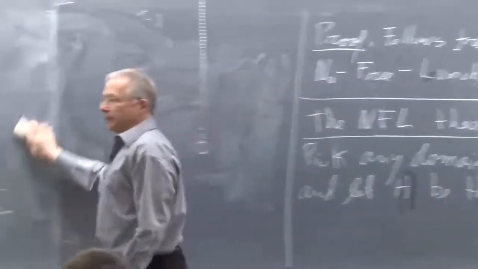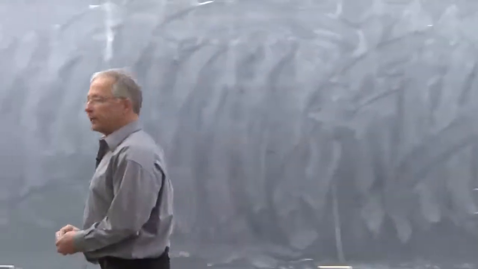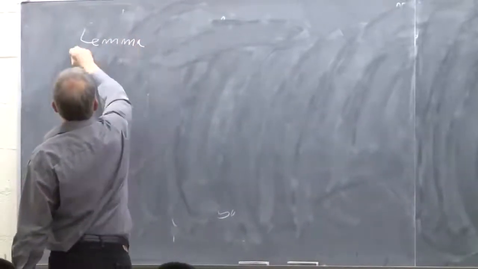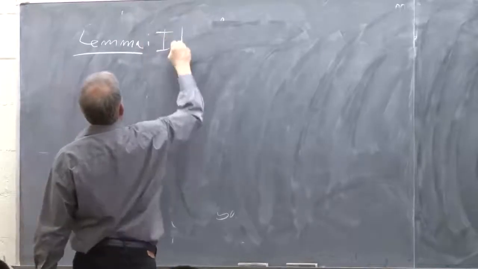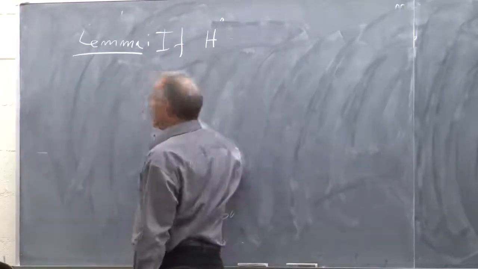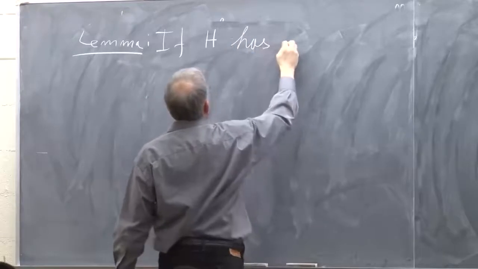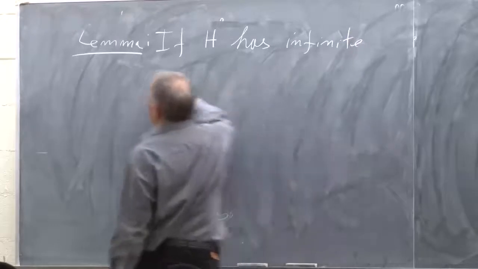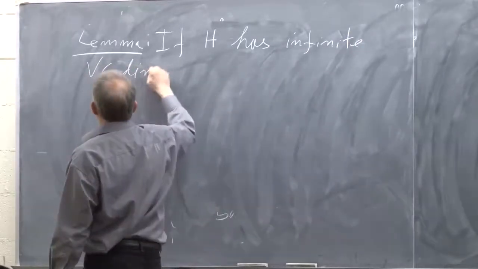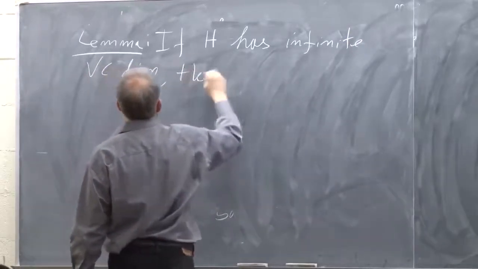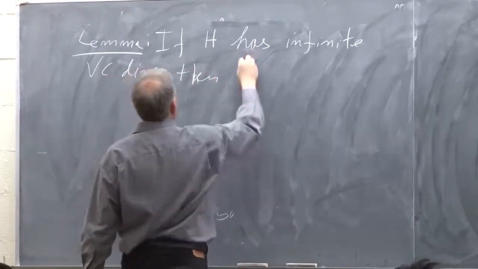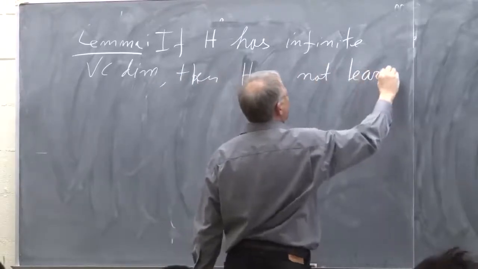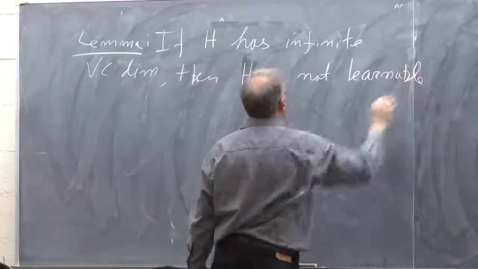What I'm saying is that a corollary of this theorem, and that's where we started, we had this lemma that says if H has infinite VC dimension, then H is not learnable. That's what we wanted to prove.